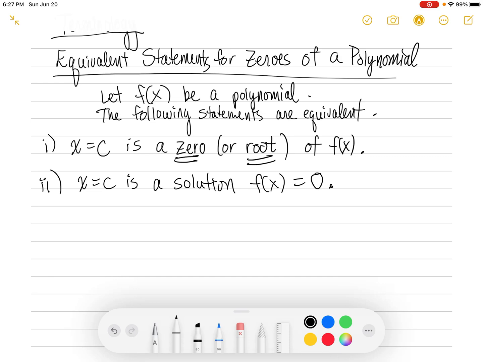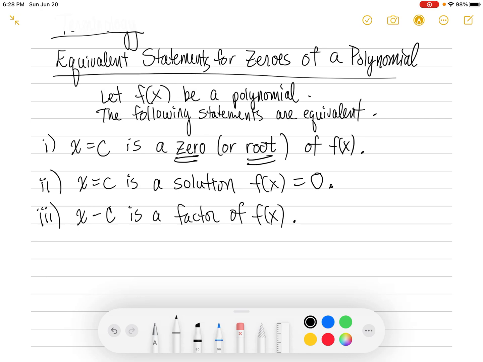So basically, set the polynomial f of x equal to 0, and when you solve, find all the solutions to that equation. Your solutions will be called the zeros of the function, or the roots of the function. An alternative way of saying this is x minus c is a factor of f of x.